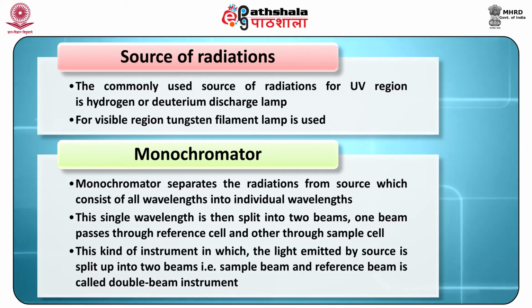The monochromator separates the radiation from the source, which consists of all wavelengths, into individual wavelengths. This single wavelength is then split into two beams. One beam passes through the reference cell and the other through the sample cell. This kind of instrument, in which the light emitted by the source is split up into two beams, that is the sample beam and the reference beam, is called a double beam instrument.